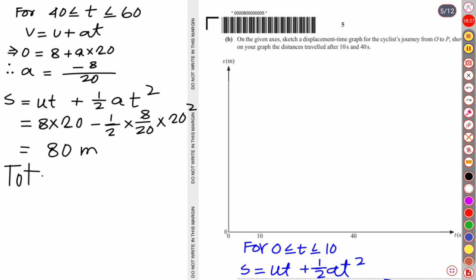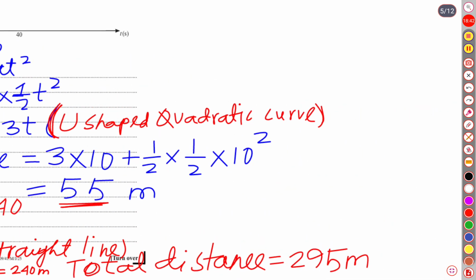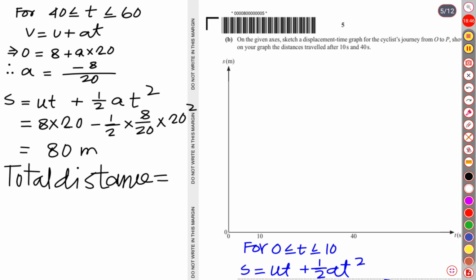Initially we have found that in the first 40 seconds there was a distance traveled, it was 295, and in the next 20 seconds it was 80. So 295 plus 80, it is going to be 375 meters. 375 meter was the total distance.